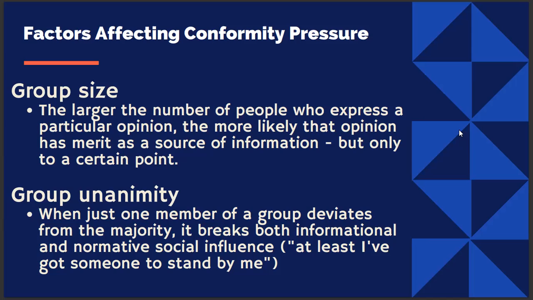Okay, so that kind of leads into group unanimity. When just one member of a group deviates from the majority, it breaks both informational and normative social influence, because you're saying, at least I've got someone to stand beside me. So let's go back to the multiple choice question. Let's say there are 25 people in the class.